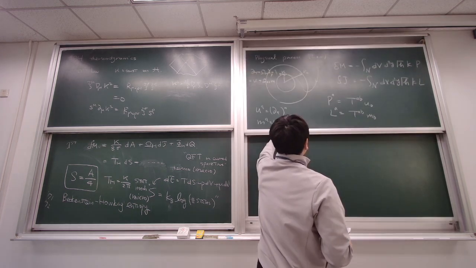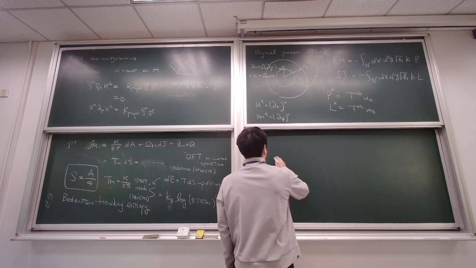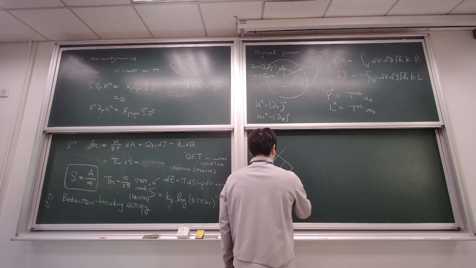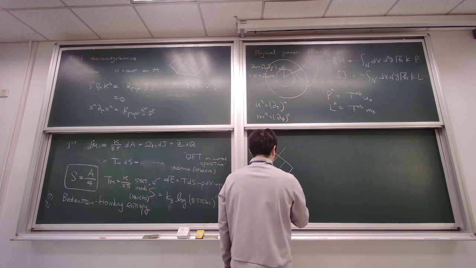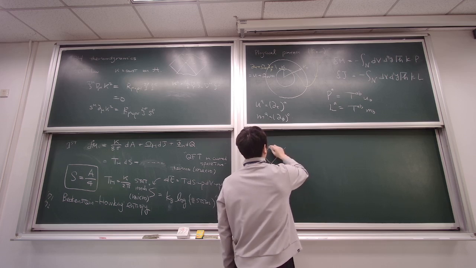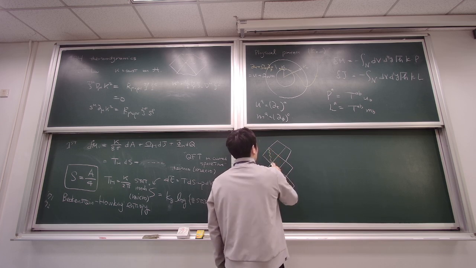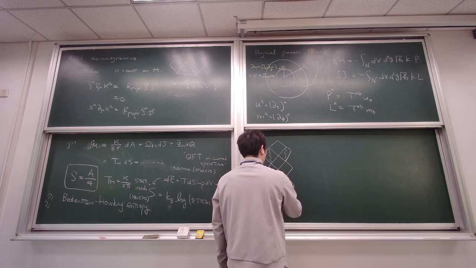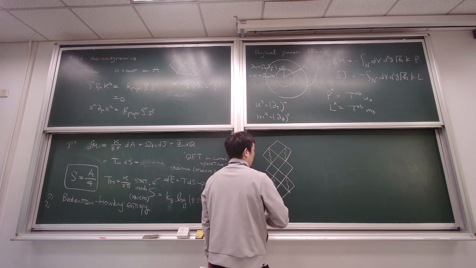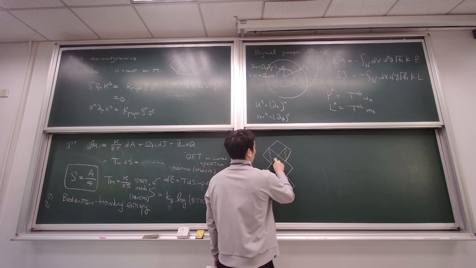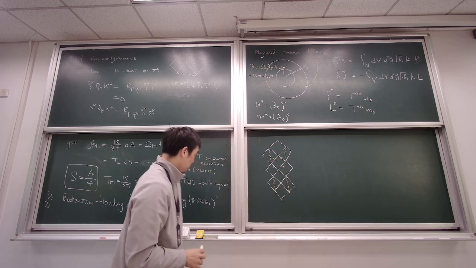And then, of course, the maximally extended one is something like this. Okay, a sequence of diamonds. The curve is a sequence of diamonds, and then you have the horizon here, the singularity here, and then here is the R plus horizon, and then the R plus horizon and R minus horizon, something like this way.